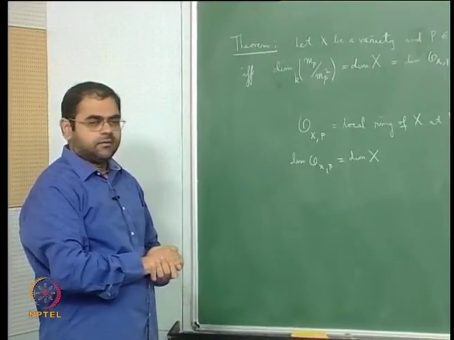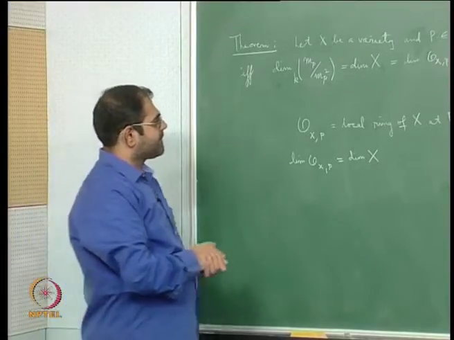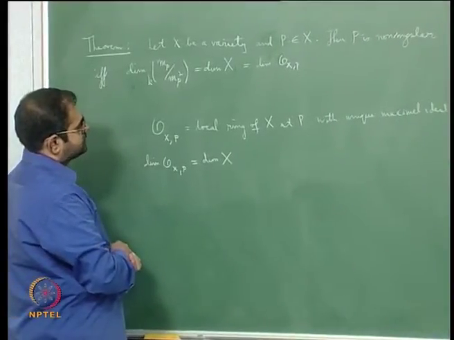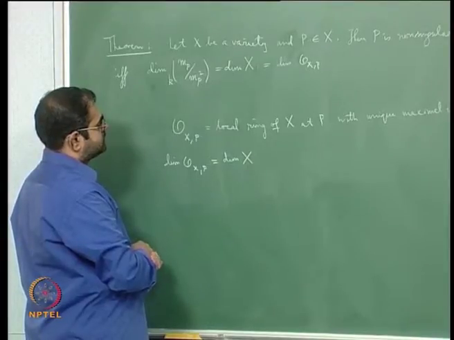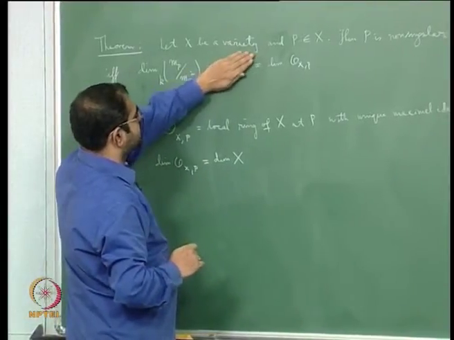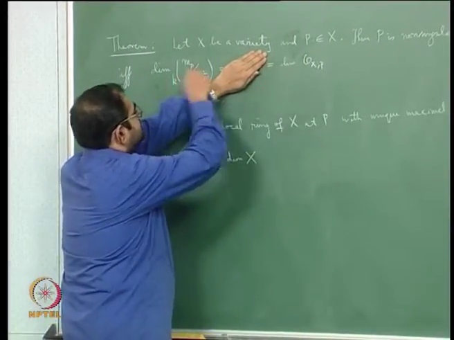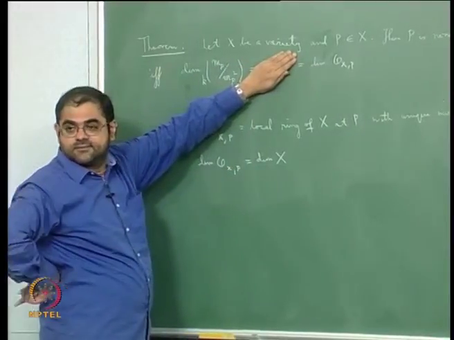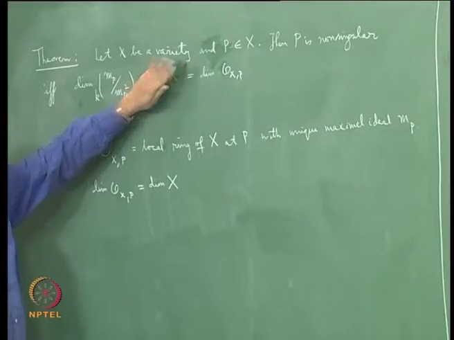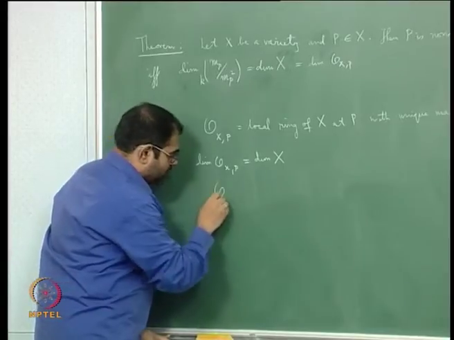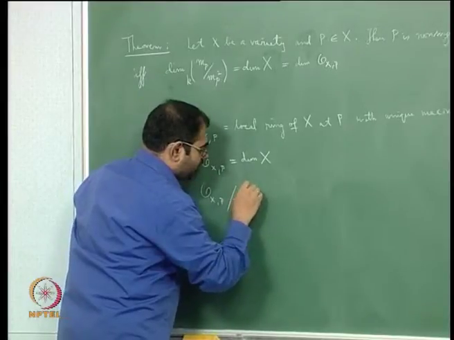So if I don't look at the central term, then I have a condition which seems to have only to do with the local ring. I am just saying that the dimension of the local ring is the same as the dimension of M mod M squared.